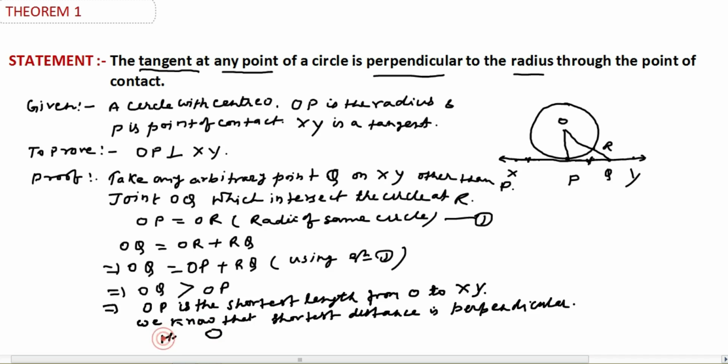Hence we can say that OP is perpendicular on XY. Hence proved. So the theorem is proved. Very simple, small theorem.